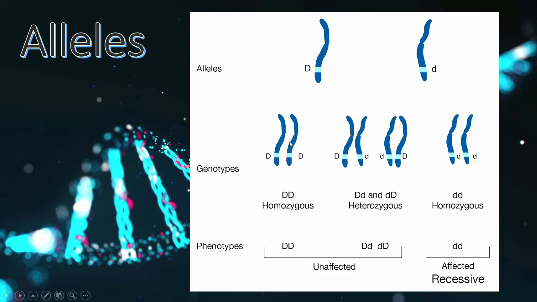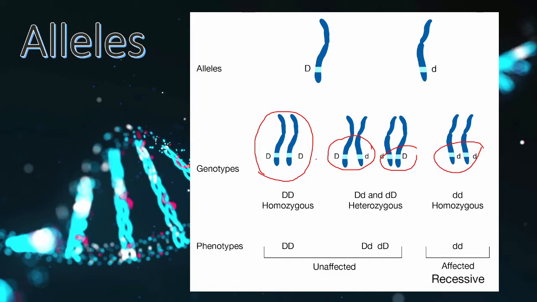The first combination is the D, all capital letters. The next combination would be capital D and small d. That's actually the same, just reversed, but it actually determines how it's going to work. And the last one would be small d's. So these are your genotypes.